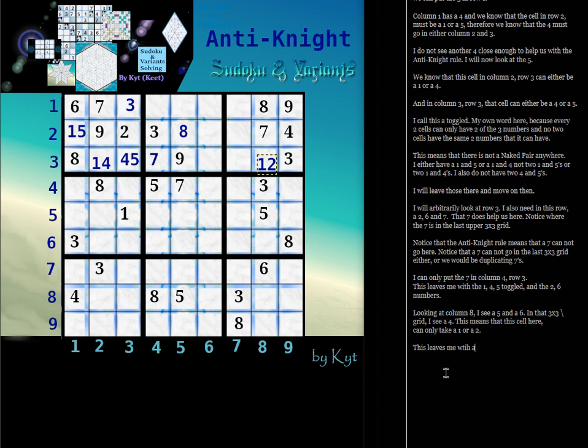This leaves me with a 4 and a 6, and then either a 1 or a 2, and possibly a 5 might go in the 2 empty cells.